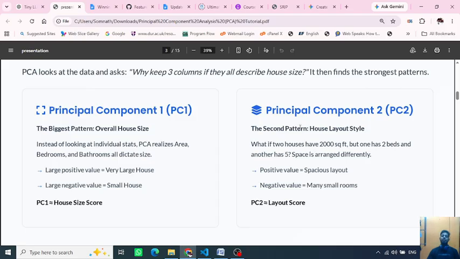And then principal component 2 finds the second highest pattern. In this example, we may say it's the house layout style. What if two houses have the same 2000 square feet, but one has 2 bedrooms and another has 5?